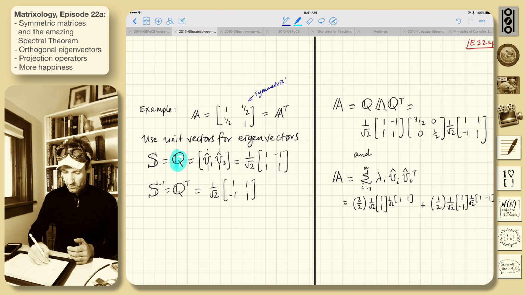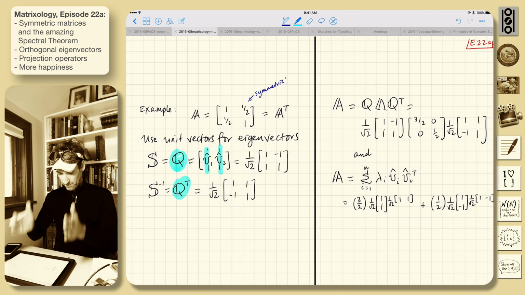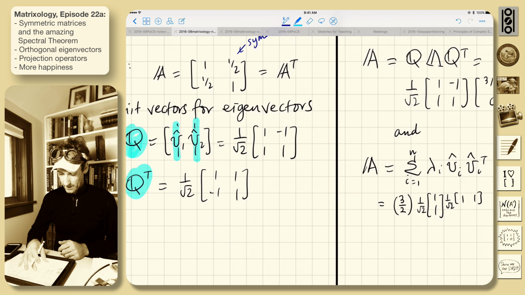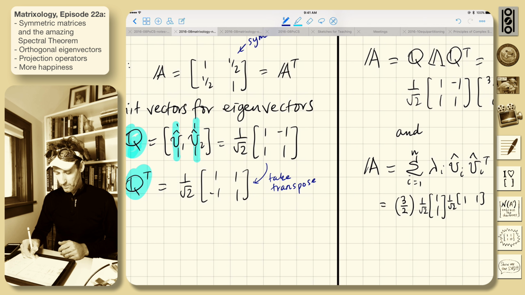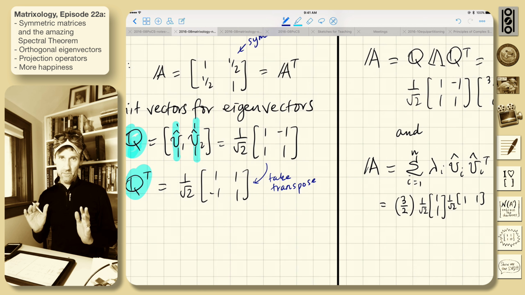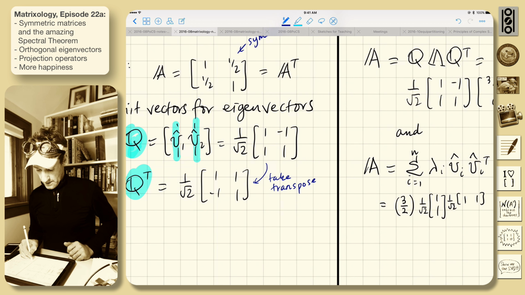Now it's going to be Q and Q transpose, right? So Q again is always just the S matrix. It's going to be V1, V2, the unit vectors. The inverse of that matrix is just the transpose. Very simple. Which is the inverse we had before, but we didn't really say anything about it. Easy.